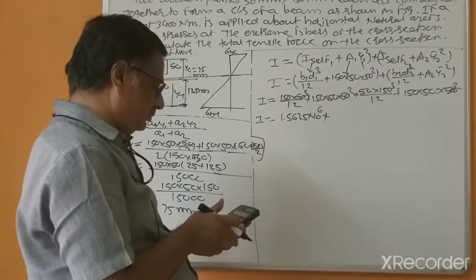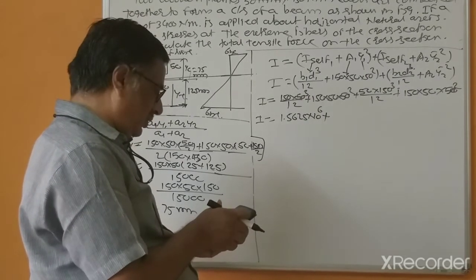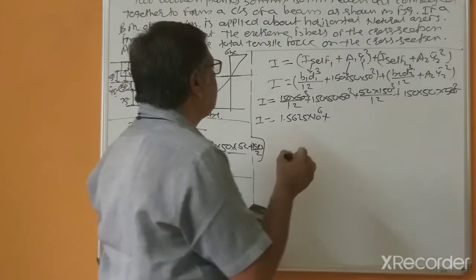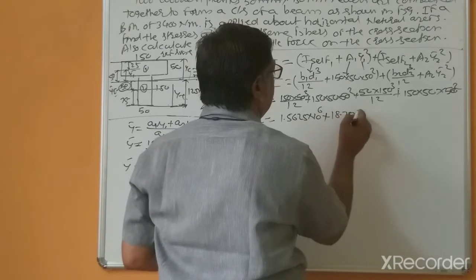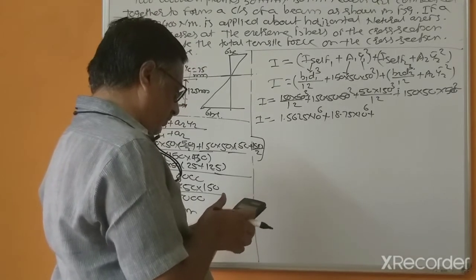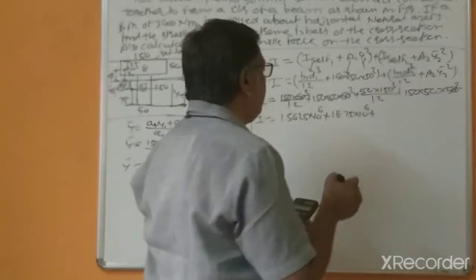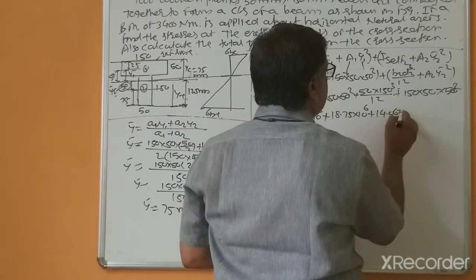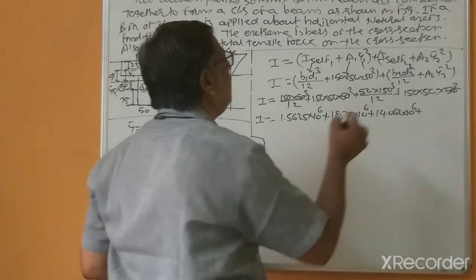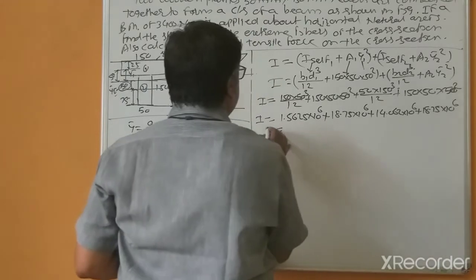Next, 150 into again 50 cube, 18.75 into 10 to the power 6. 50 into 150 cube divided by 12, 14.062 into 10 to the power 6, and 150 into 50 cube means 18.75 into 10 to the power 6.